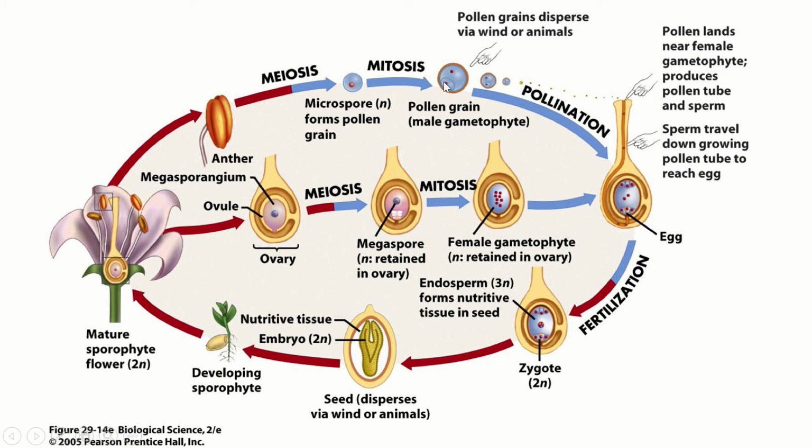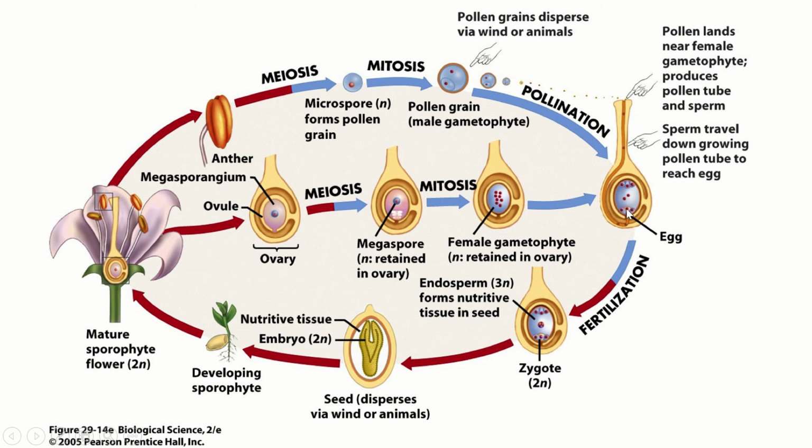The pollen grain is going to travel to the stigma, which is the top of this female portion of the plant. And it's actually going to grow what we call a pollen tube. The pollen tube grows down through this style and around the ovule to release the 2 nuclei here.